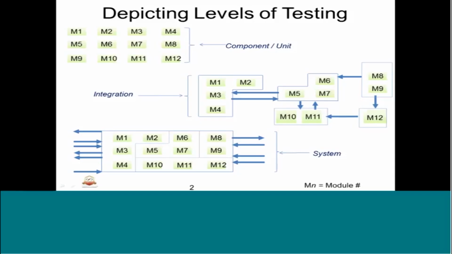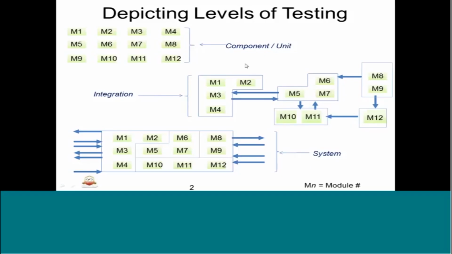You may be wondering why M12 is tested here as well as there. The idea behind integration is that M12 could have a binding on hardware or some subsystem software, so that needs to be integrated. We need to exercise it as a module and see how it works with the other modules: how M12 integrates with M8 and M9, how M12 integrates with M10 and M11, etc.